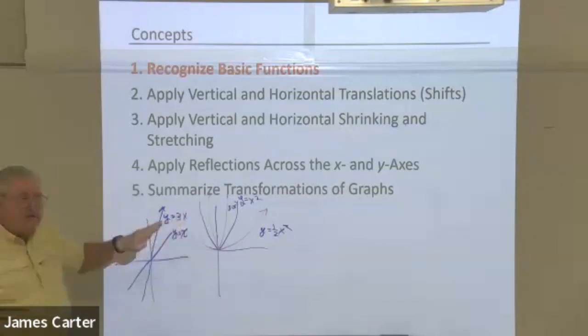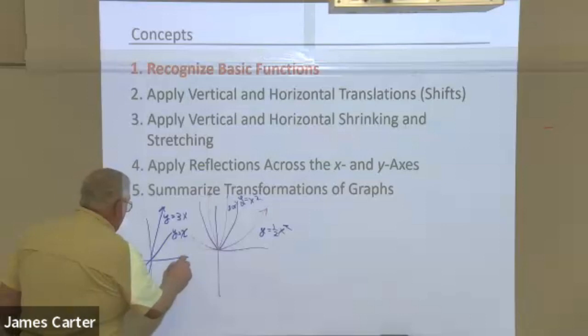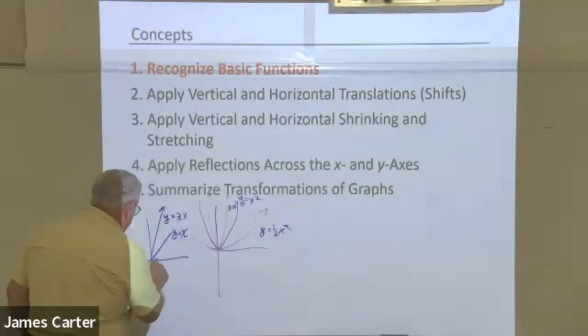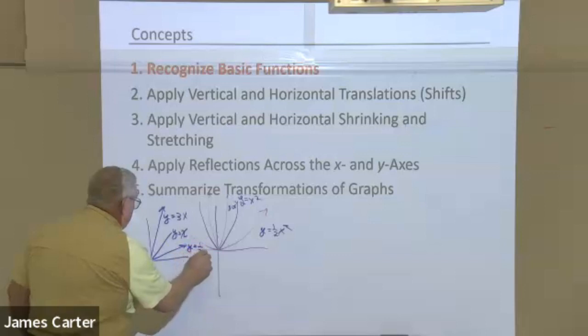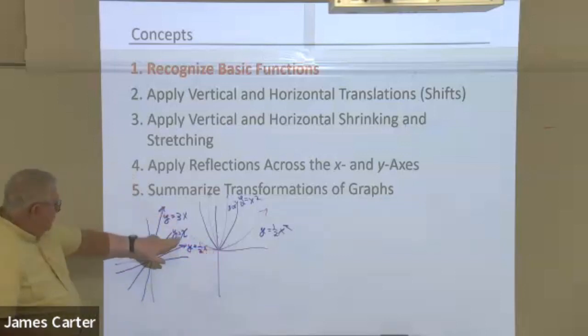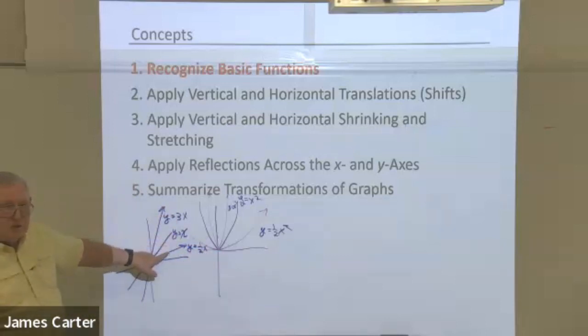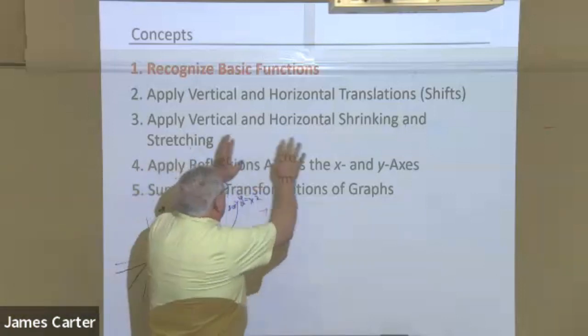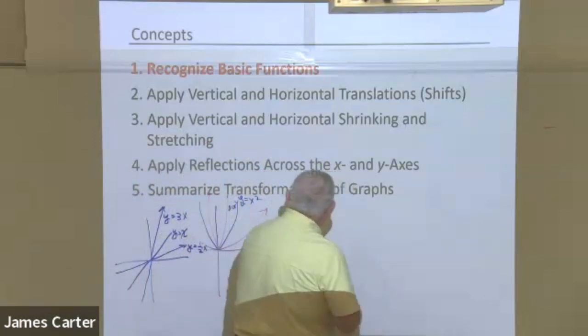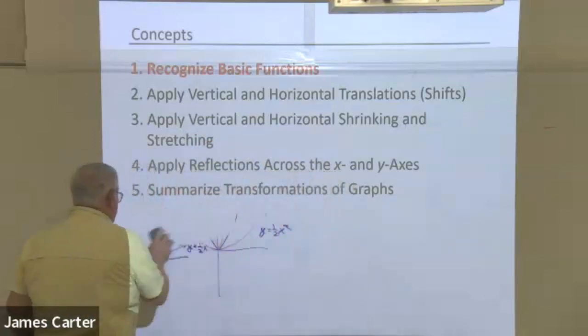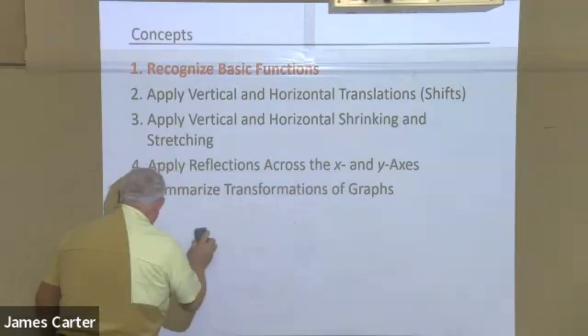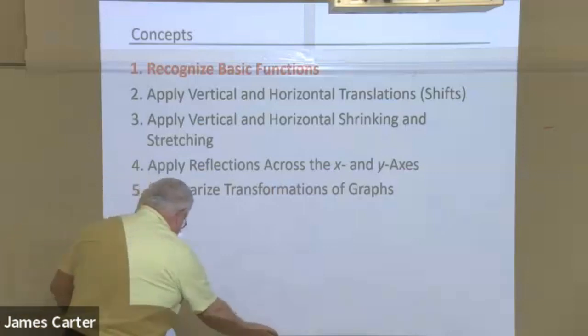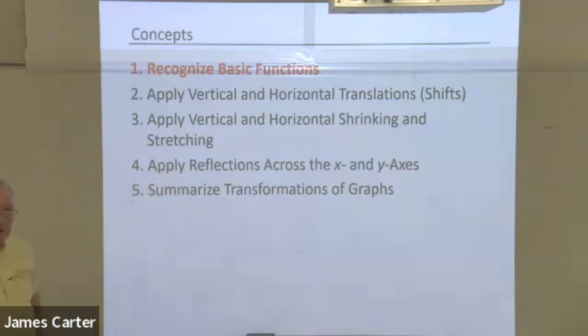It's the same kind of relationship, okay? If I had y equals a half x, then it's only going to go up half as fast as this one. Now, what do we call this? Shrinking and stretching. Well, let's go into that a little bit more specifically, because I've used very broad general examples here.